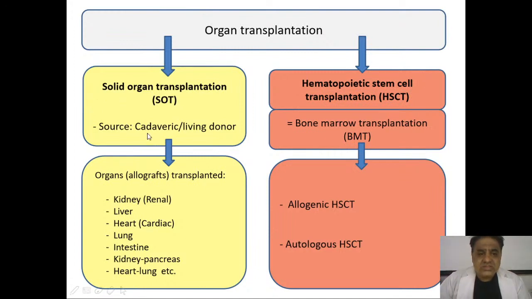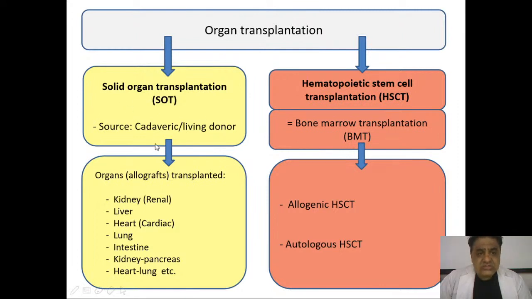Solid organ transplantation, in which the allograft or the organ which is being transplanted is a solid organ like the kidney, liver, heart, lung, intestine, kidney, pancreas combined, heart, lung combined, etc. The other transplant is the hematopoietic stem cell transplantation, which is almost equivalent to bone marrow transplantation with slight difference. I'll discuss the terminologies down the line, which could be allogenic, which is from some other human being, or autologous, when your own bone marrow stored cells are used later.